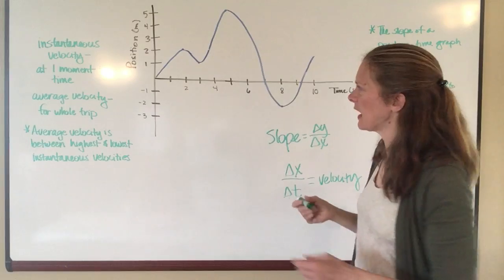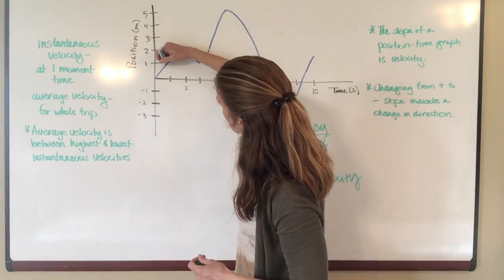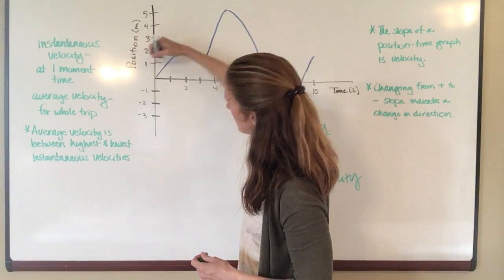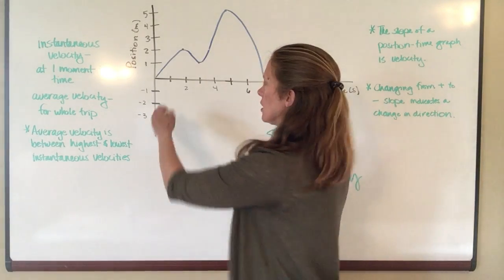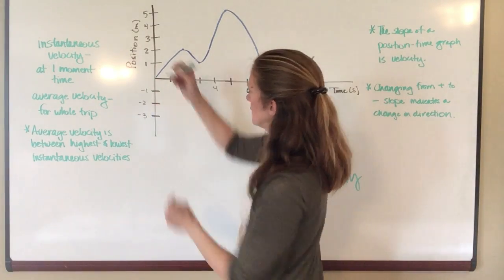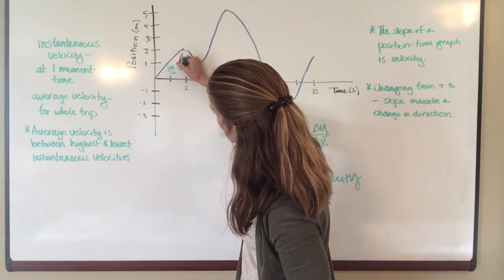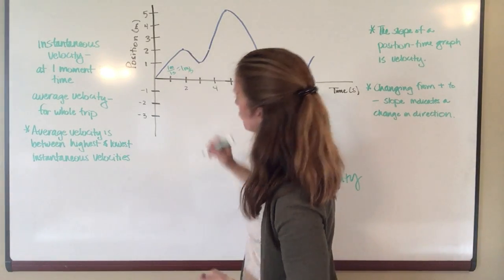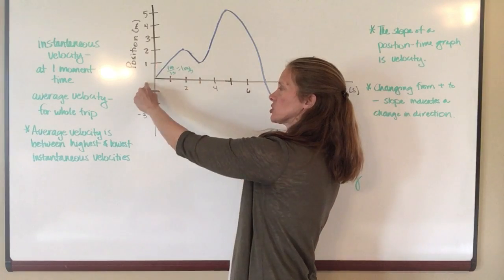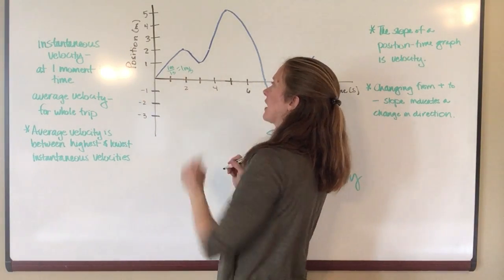From here to here, it looks relatively straight. So from here, he's gone 1 meter in 1 second. So 1 meter divided by 1 second gives me 1 meter per second. Okay, so that's the slope of this line here, delta y over delta x.